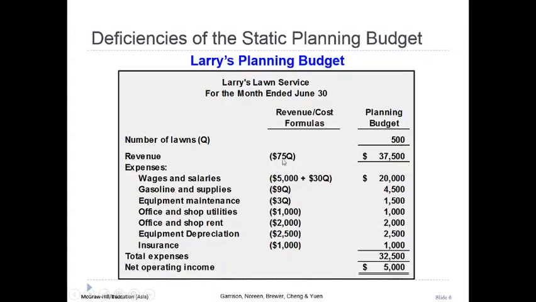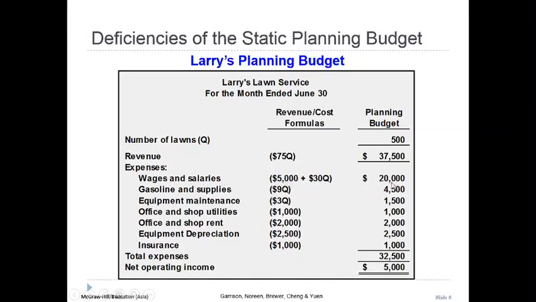Therefore, for the revenue in the planning budget, the cost formula is $75 per lawn. So the revenue for 500 lawns would be $37,500. For the expenses, wages and salaries is $5,000 fixed cost plus another $30 per lawn.